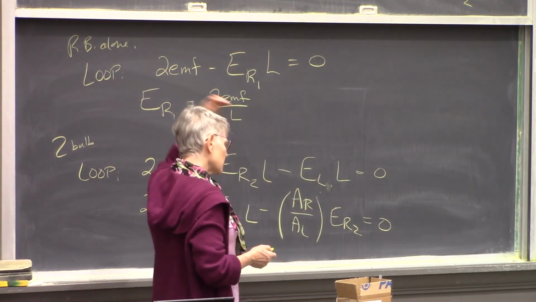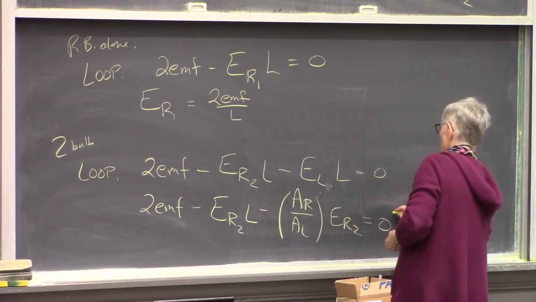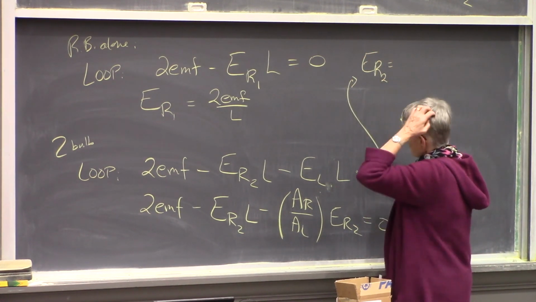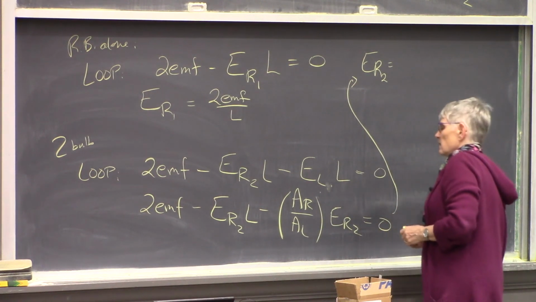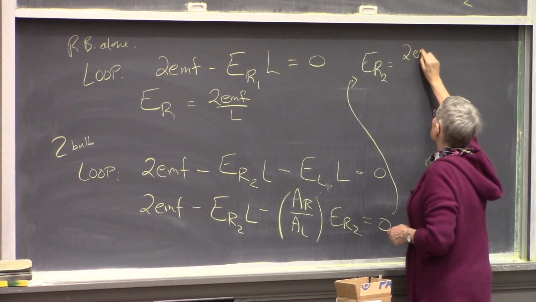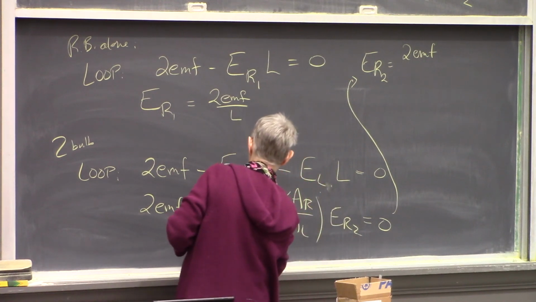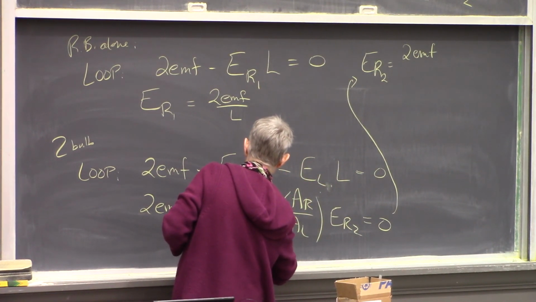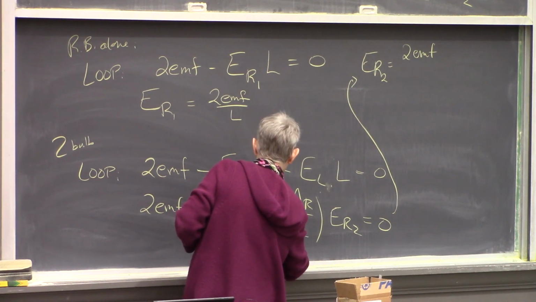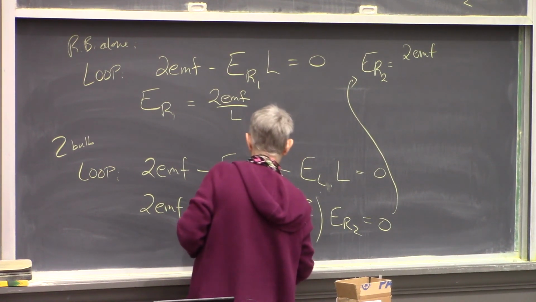And so if we solve this for the electric field in the round bulb here, we've got 2 EMF, and we have an E sub R times L plus that ratio.